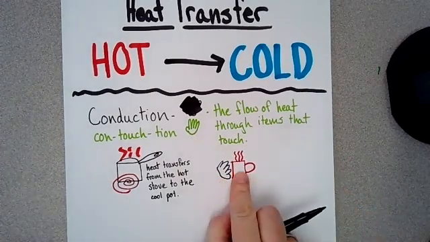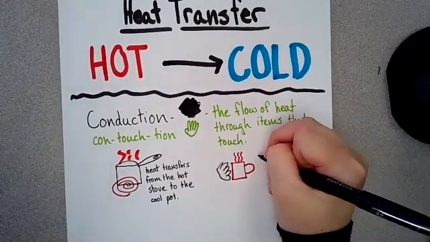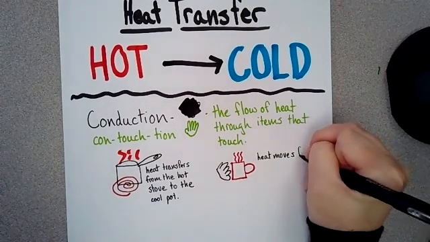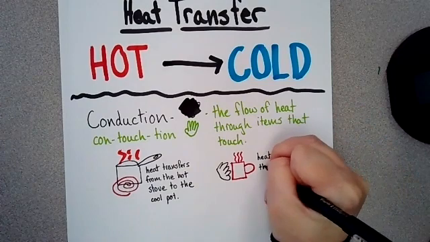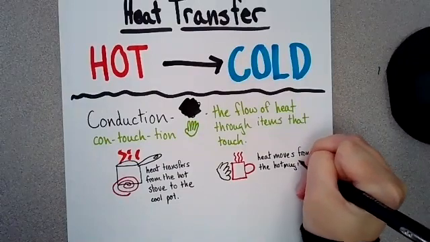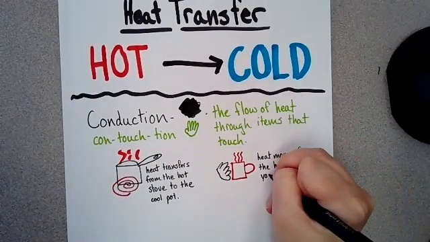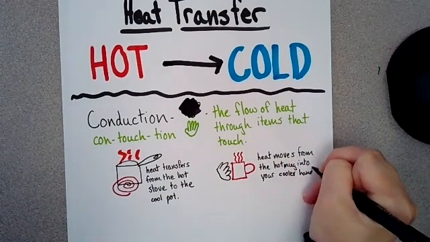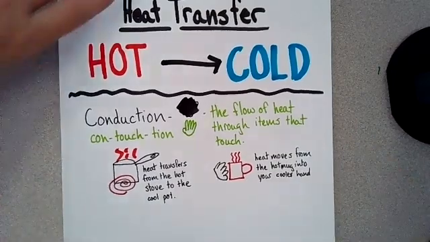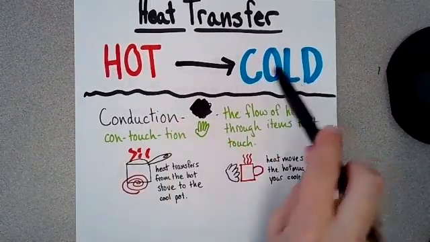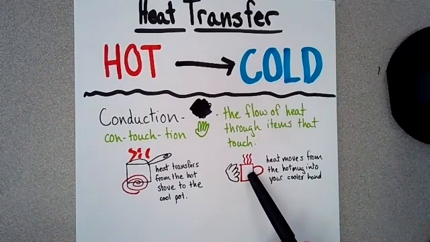You put your hand on the hot mug, and the heat moves from the hot mug into your cooler hand. That's why your hand warms up, because the heat is literally traveling into your hand. How does heat move? From hot to cold. So the cup is warming up your hand, and the stove is warming up the pot.